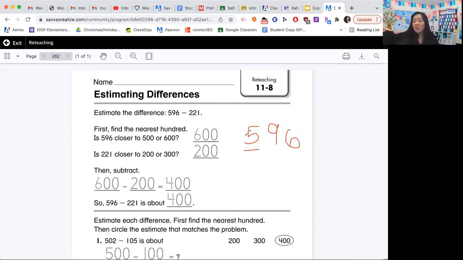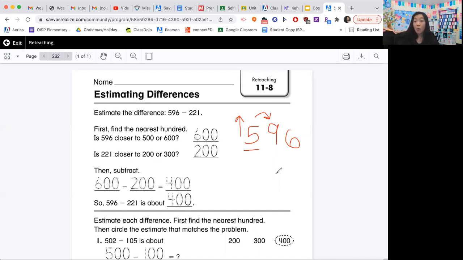So 5 wants to know, should they soar up or should they stay at 5? So they're going to ask their next door neighbor 9. Hey 9, what do you think I should do? Do you think I should soar up to 600 or stay at 500? So 9 is a big number. So 9 is going to say 5 or more, let it soar.